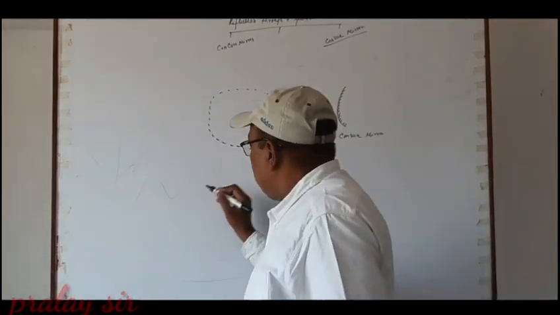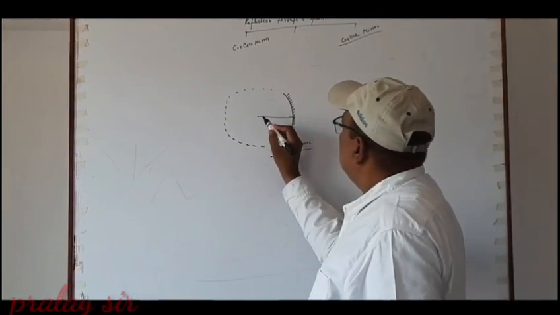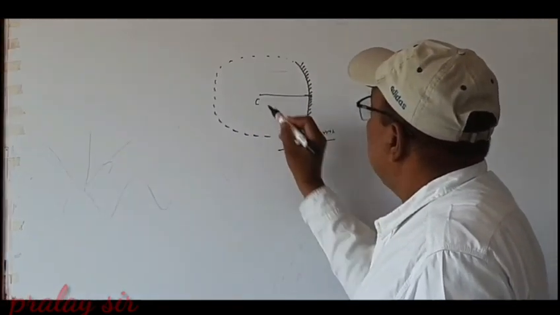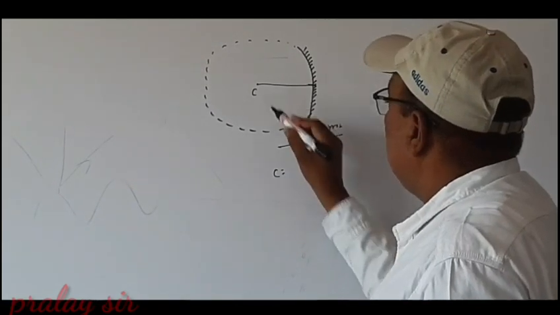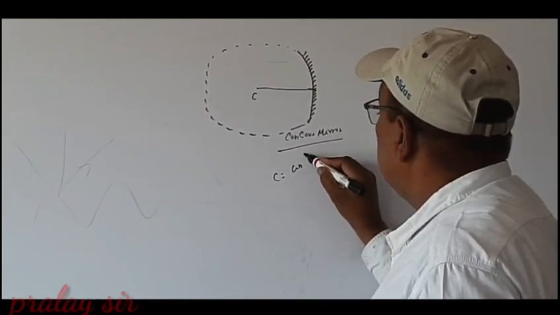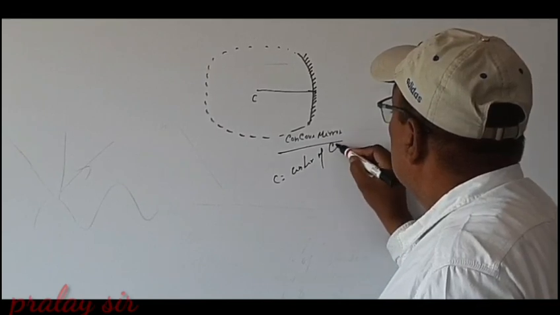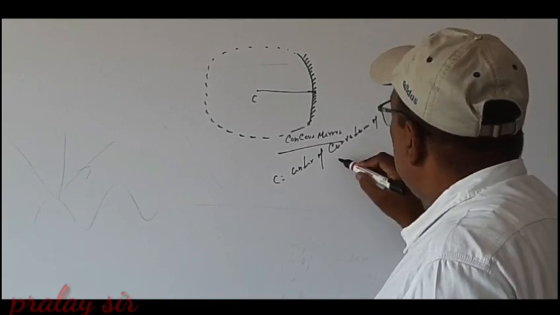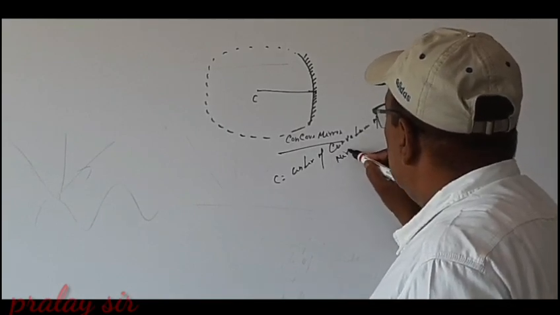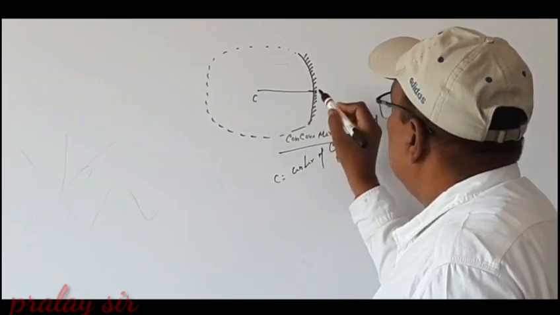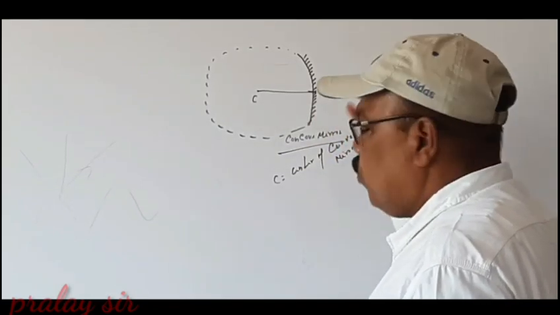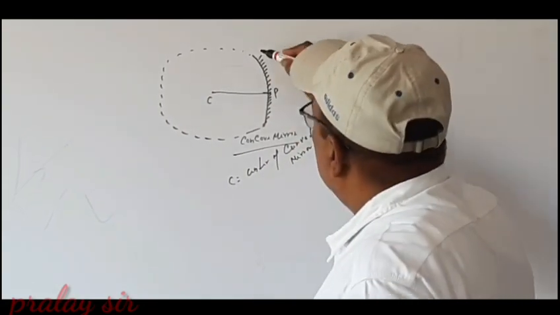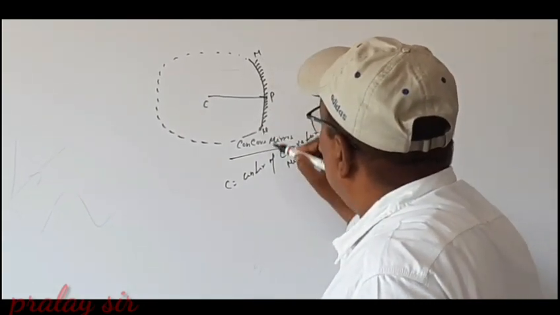And here I am going to write that C is definitely the center of a sphere, and it is known as the center of curvature of the respective mirror. And here is a point, just you can draw, it is known as P, and we can draw M N. MN is the aperture of the mirror.